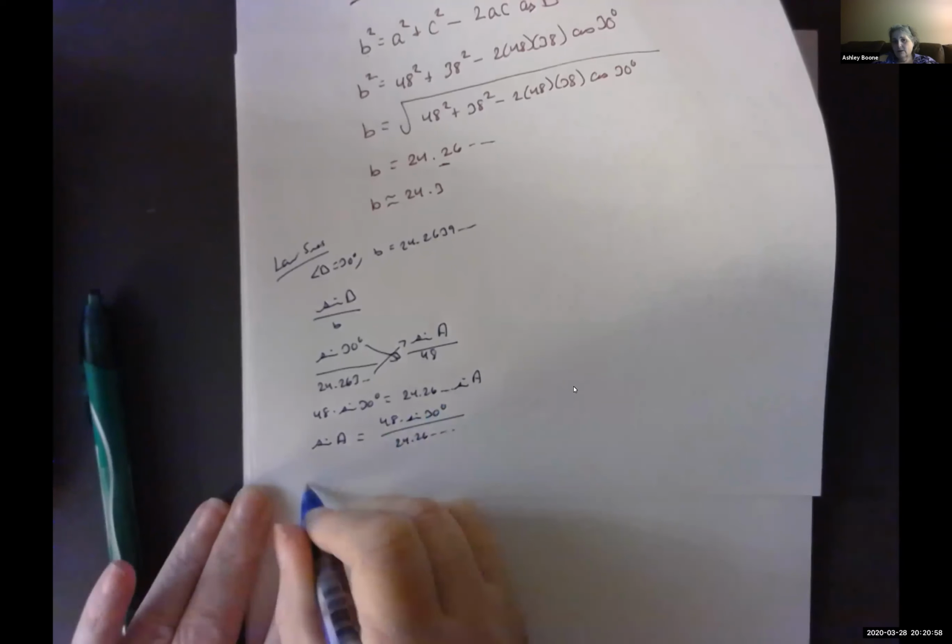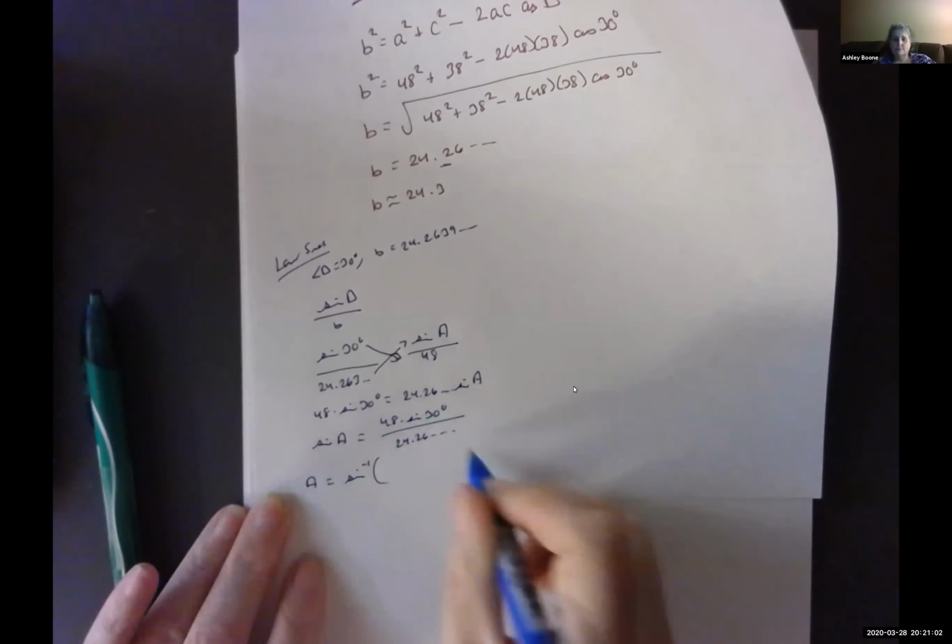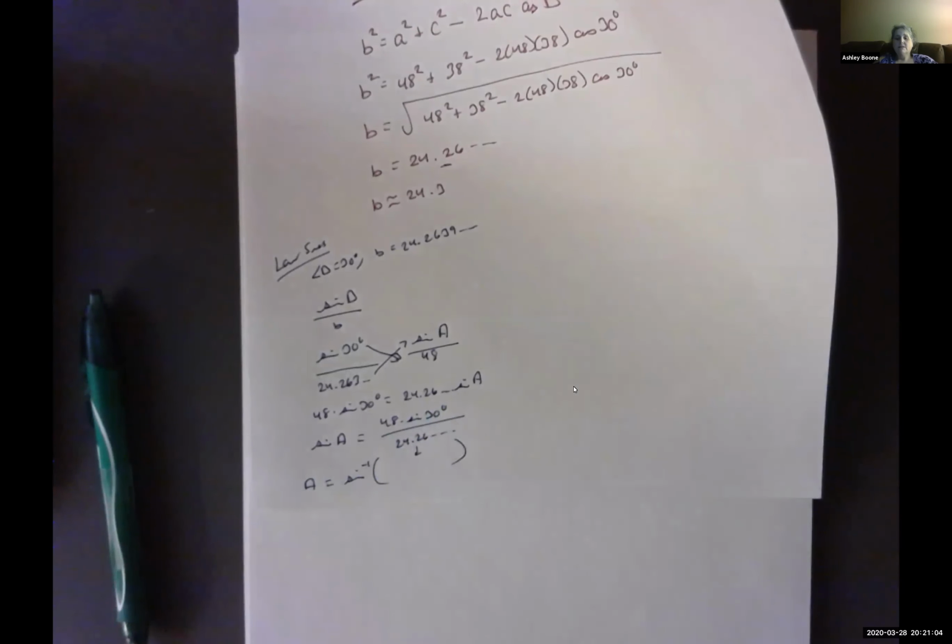So A is going to be the inverse sine of that fraction. So I'll do inverse sine of the fraction, 48 times sine of 30 divided by that 24.2639. It goes on. I'm pulling in the exact answer from my calculator.